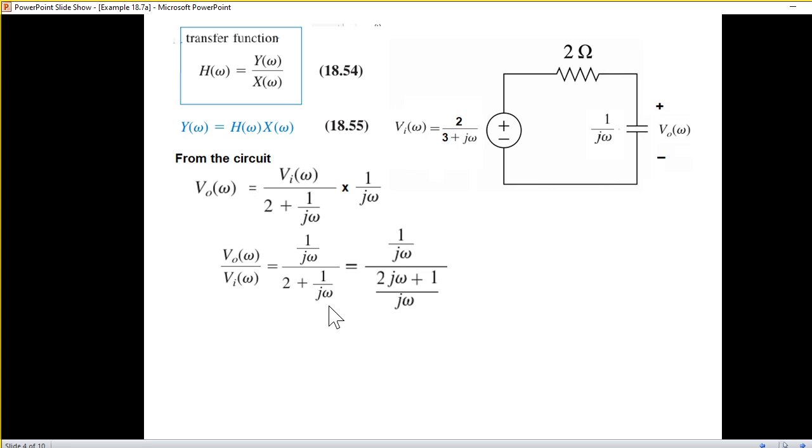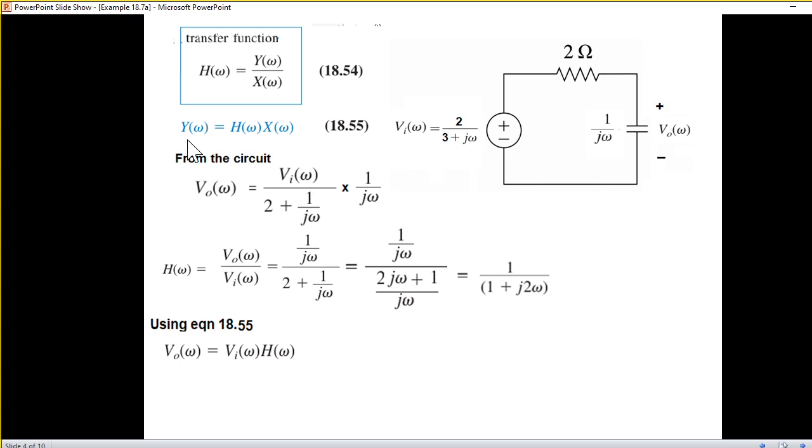Simplifying, we take the LCM, jω, and jω gets cancelled. That is 1 divided by (1 + j2ω), and this is our H(ω) because Vout over Vin is H(ω).